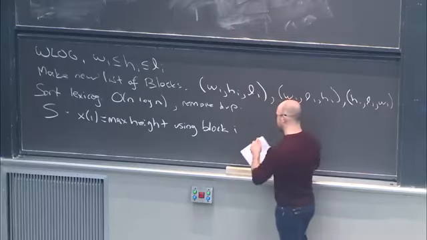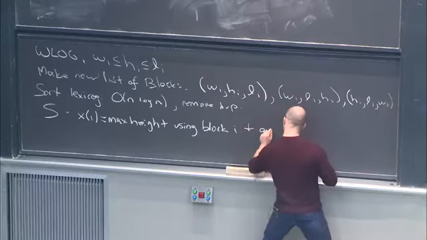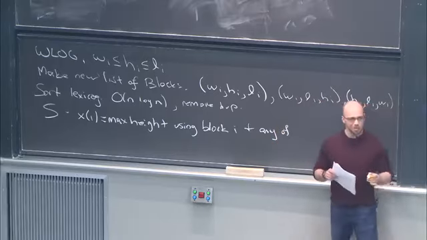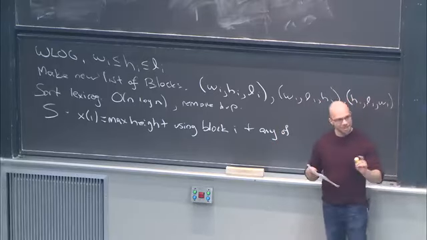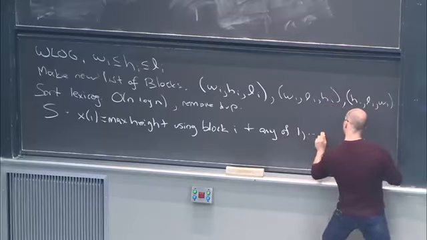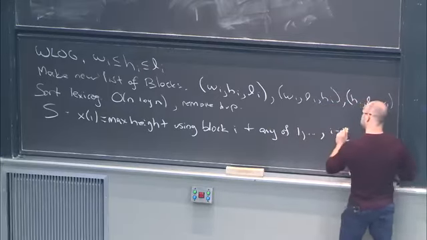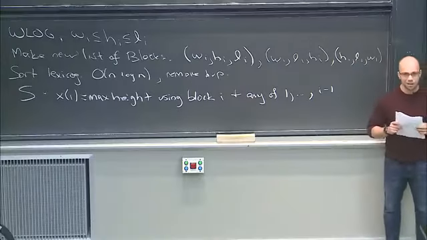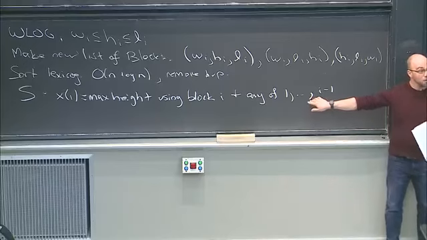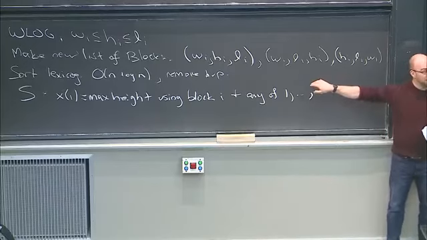And possibly, just for fun, maybe we'll do the prefix version of this problem this time. So now I can use any of the previous blocks, right? So I can use the first I blocks to make a tower, but I'm forced to use block I. By the way, from now on, when I use indices, it's into this sorted array. Okay.